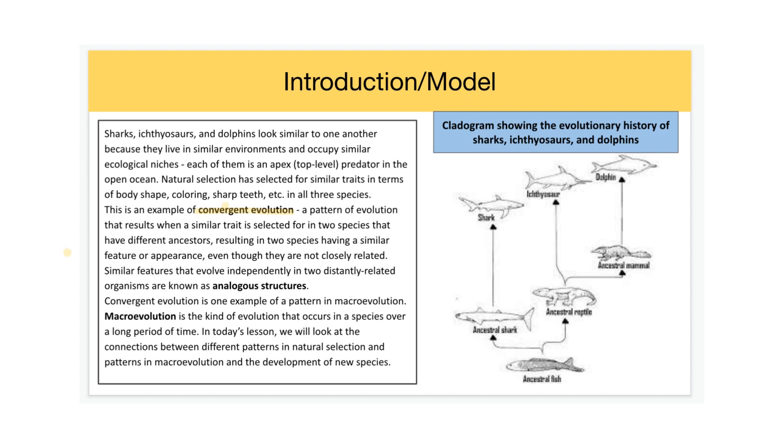Similar features that evolved independently in two distantly related organisms are known as analogous structures. Convergent evolution is one example of a pattern in macroevolution. Macroevolution is the kind of evolution that occurs in a species over a long period of time. In today's lesson, we will look at the connections between different patterns in natural selection and patterns in macroevolution and the development of new species.